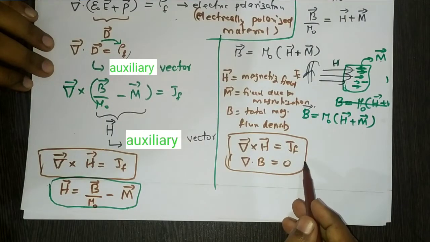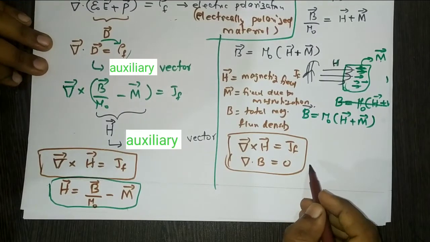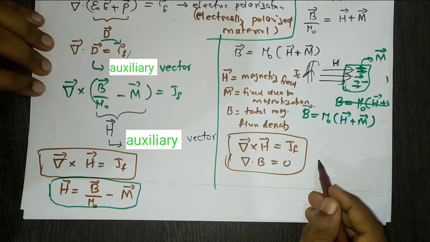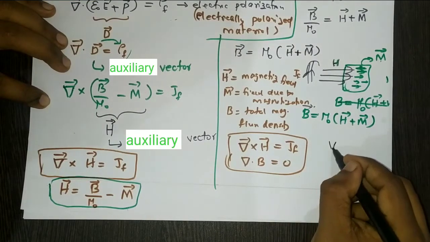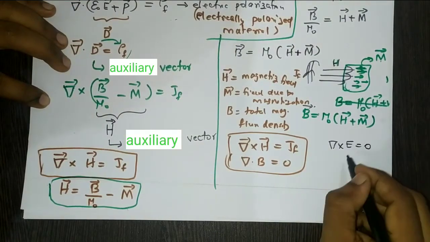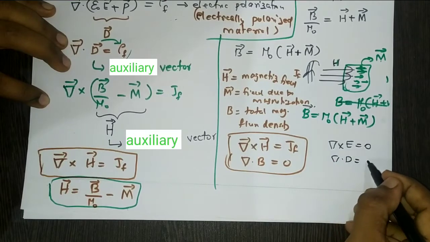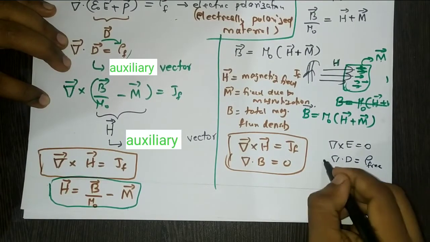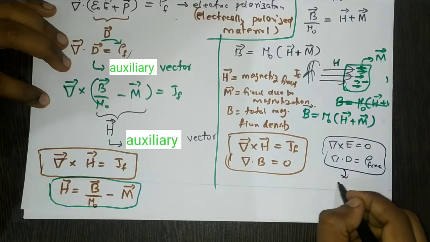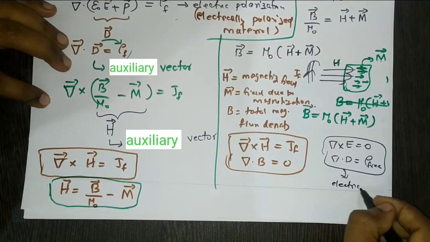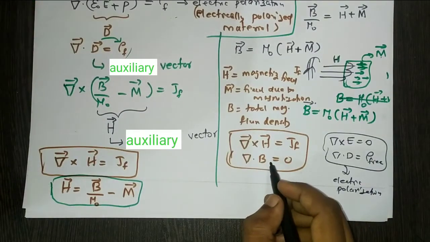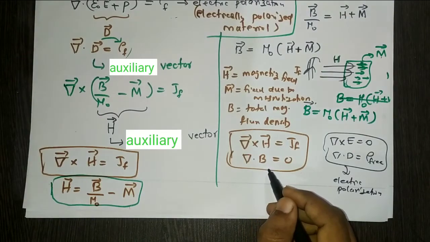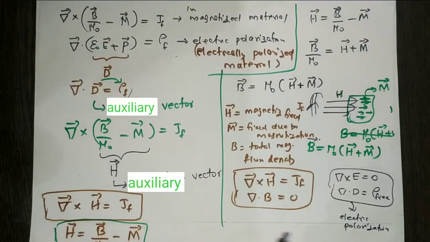These are very similar to the equations we had in electrostatics in the case of electric polarization: del cross E is equal to 0, del dot D is equal to rho free. This is electric polarization, and this is the case of magnetic material, magnetized material.